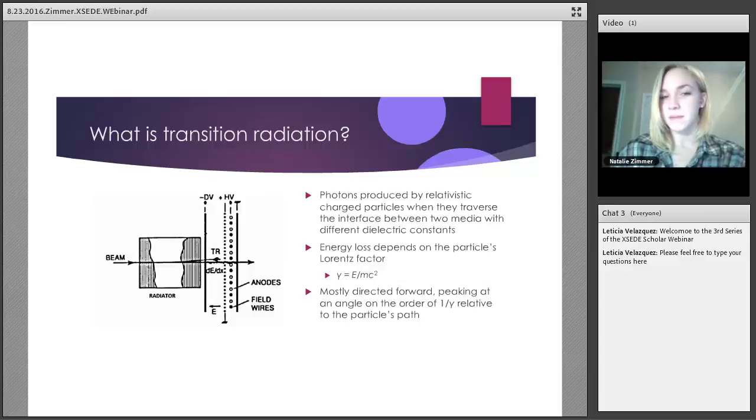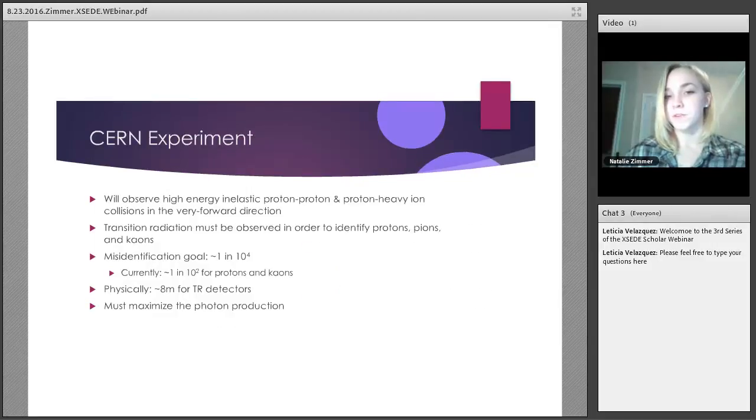And this happens because of a collapse in the particle's electromagnetic field, and it throws off a photon with an energy that's related to its Lorentz factor, which is a relativistic component that has to do with how the particle's properties change as it approaches the speed of light. Transition radiation is mostly directed in the forward direction, and it peaks at an angle on the order of 1 over the Lorentz factor relative to the particle's path.